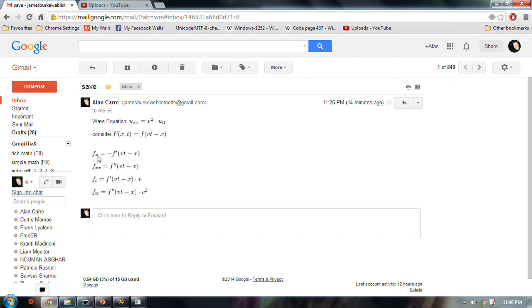The partial derivative of such a function with respect to x is the same as taking a regular derivative of this function, as if this were a single variable, and you would get a minus sign from the chain rule, and doing it again you would get a double prime derivative of this f, whatever it is.